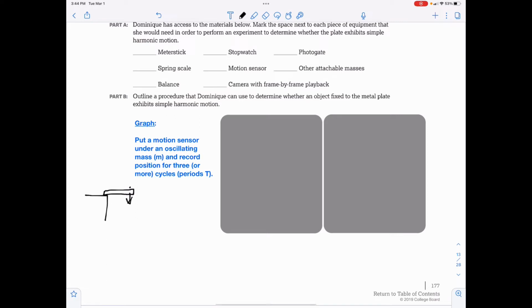You're going to set it into oscillatory motion, but you're going to place a motion detector right below it. You're going to record that position for at least 3 periods. 3 is enough to get sufficient data that repeats, but if you can do more, then do more.